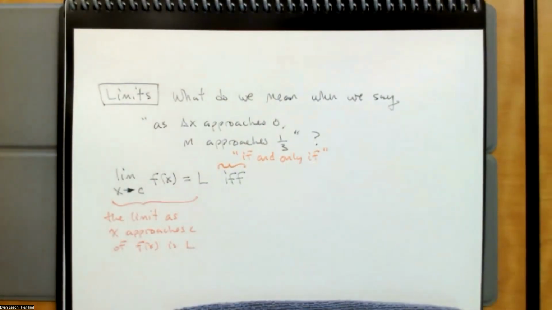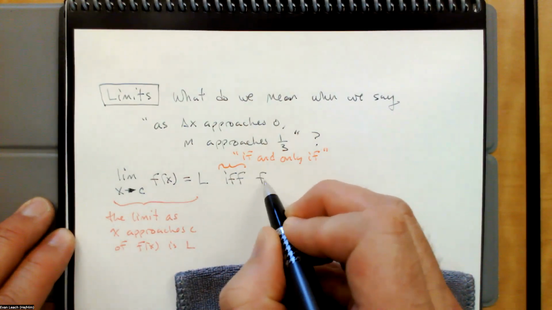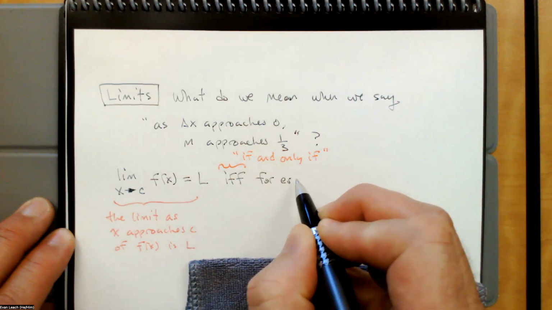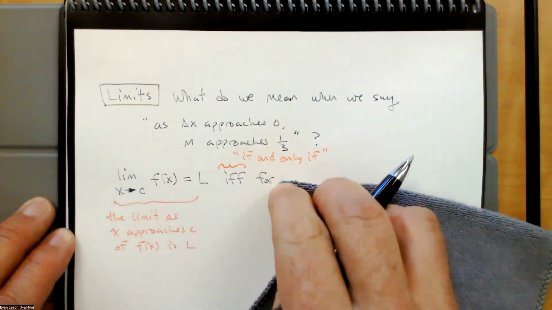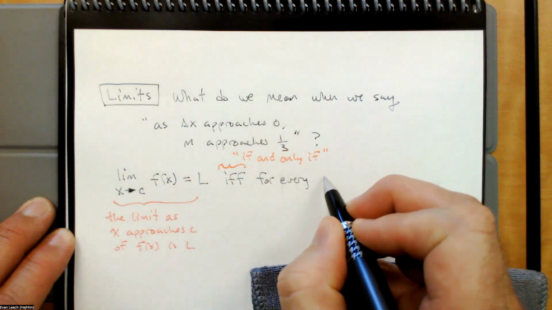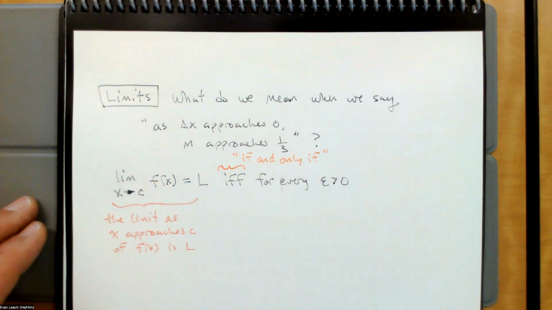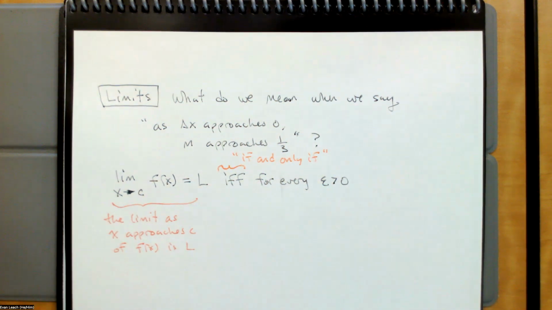The limit as x approaches c of f of x equals L if and only if for every epsilon greater than 0. So that's how I write a lowercase epsilon: I make a backwards 3.